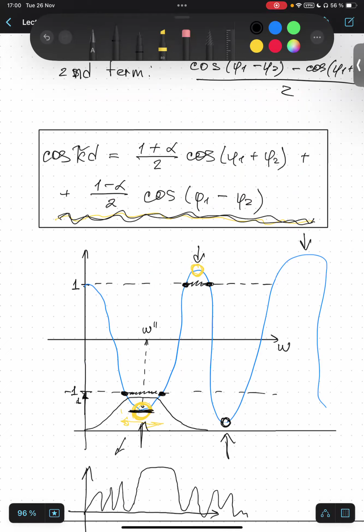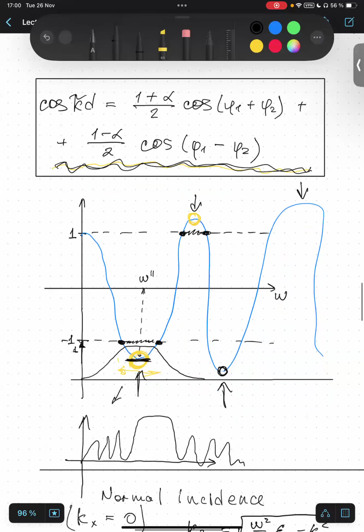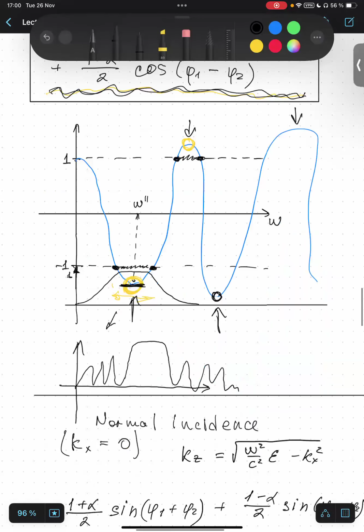Nothing rigorous and nothing exact, just to look at how the functions behave. You know that when you take a derivative of a cosine, you will have a sine. That's all the trick.